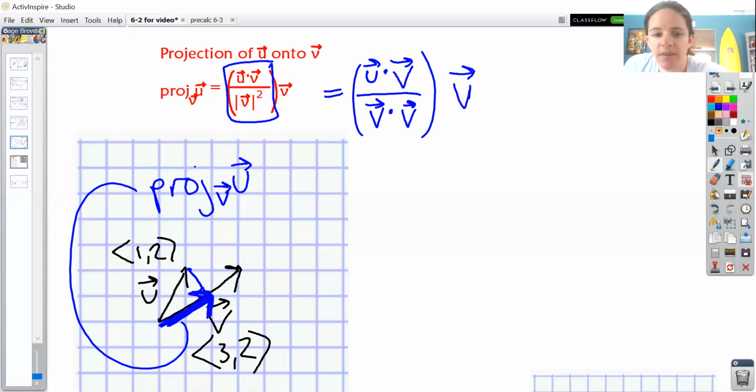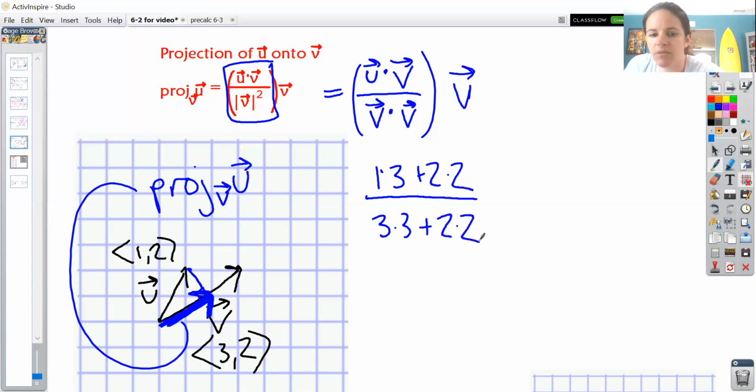So u dot v in this case would be 1 times 3 plus 2 times 2. And v dot v would be 3 times 3 plus 2 times 2, which is just the component of the magnitude, like you're doing a squared plus b squared, but then you're not taking the square root of that. And so that would equal, what, 7/13?